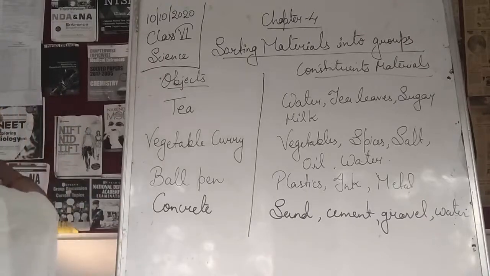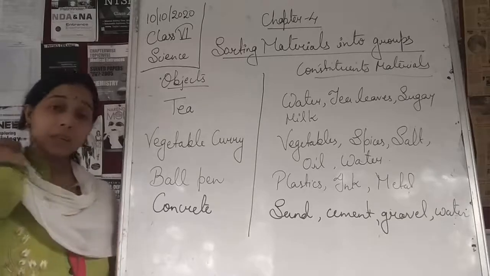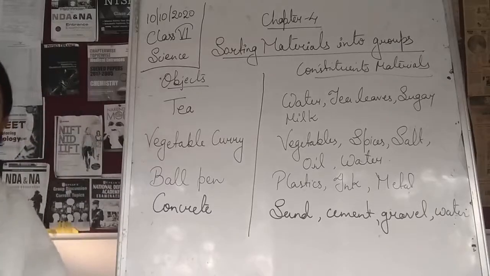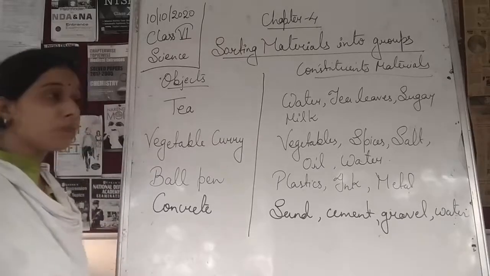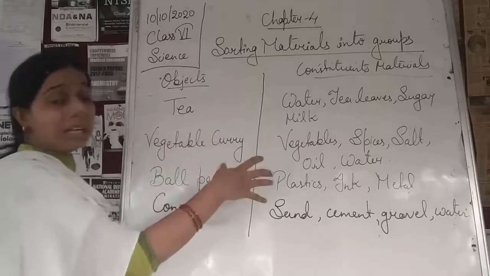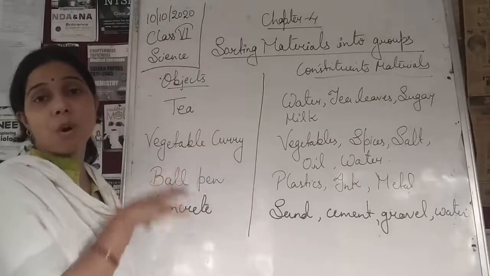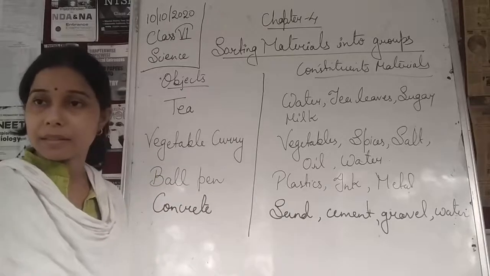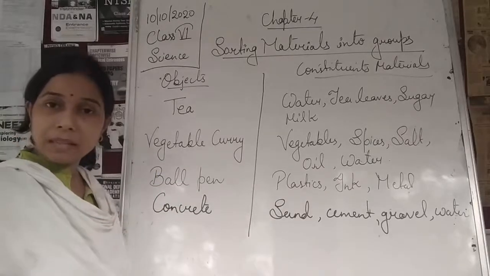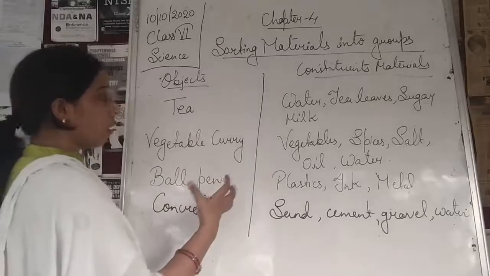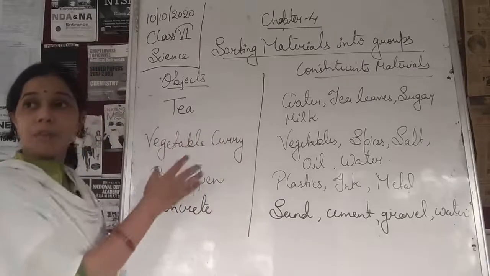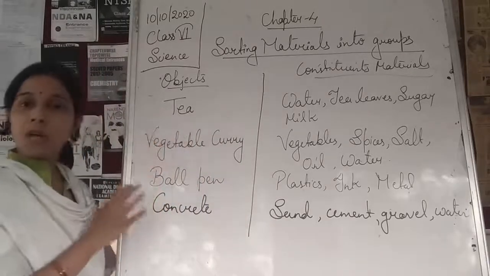So what do you observe by this, students? You see that one object is there and this object is made up of a combination of different kinds of materials. Different materials constitute together and form this particular object.